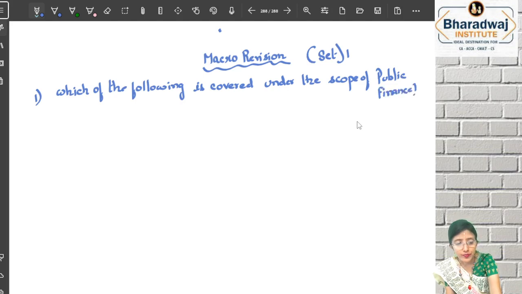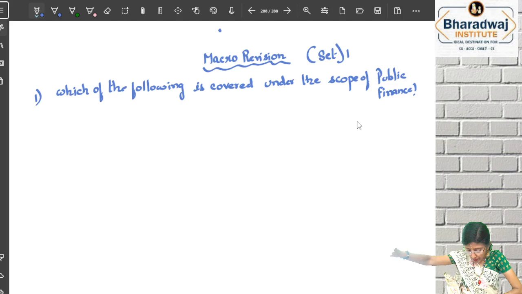Let me give you the options. Option A, public revenue and public expenditure. Option B, public debt. Option C, financial administration. Option D, all of the above.